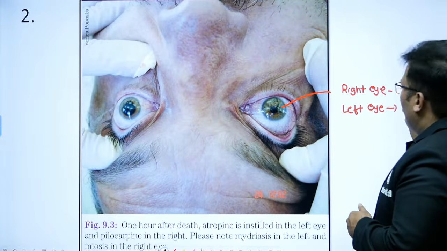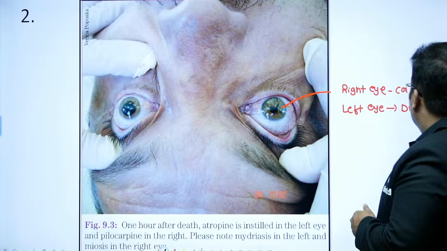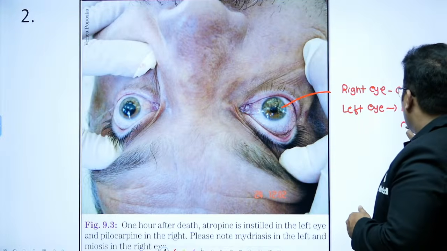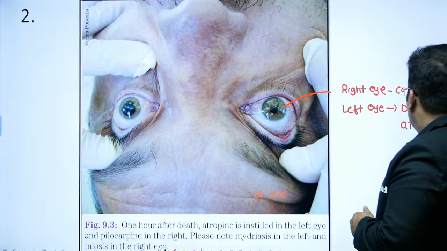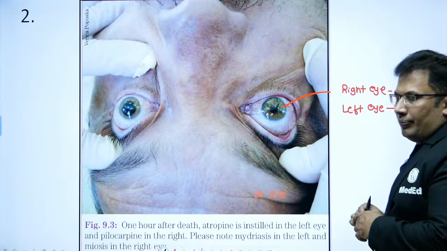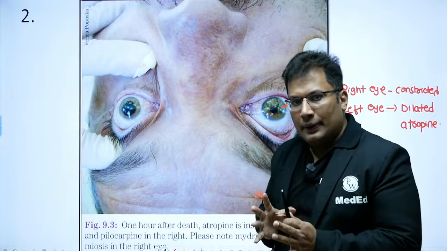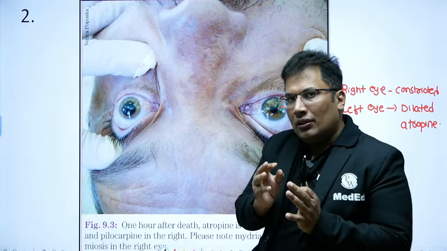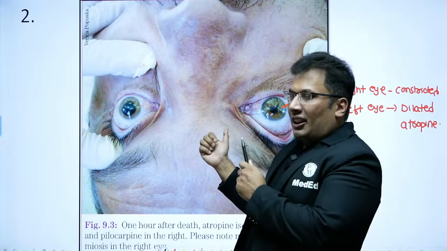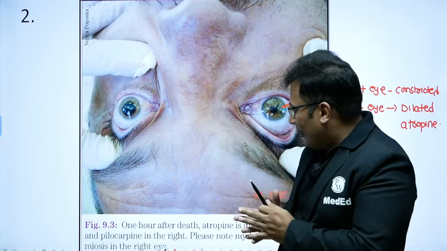In the left eye, a dilated pupil. So the dilation is because of atropine. So my question is, what is the concept in this image?